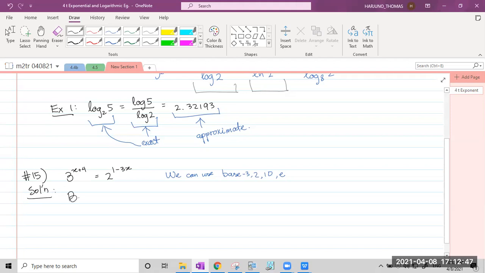I do it this way. This is my base, this is my exponent, and this is my argument.